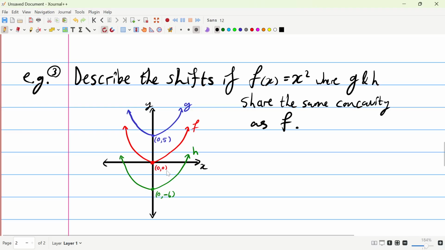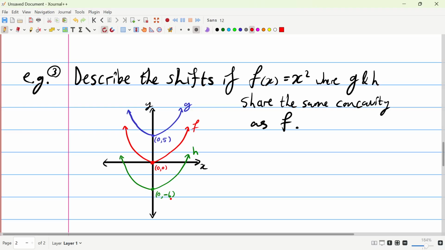So we can clearly see that the original function, which is f, is the red one, and it has the origin where the turning point is. Notice that the turning point for g, which is blue, is just at (0, 5), and the turning point for h is at (0, -6). So the only shifts taking place, because the x coordinates are staying the same throughout, are the y values.